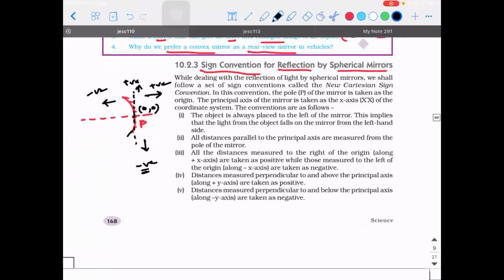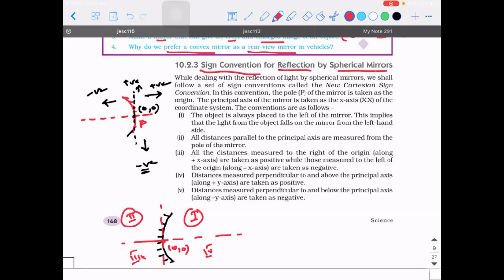See, I have a question. Why is it always like this? If I take something like this, what kind of mirror is this? It is still a concave mirror, right? If I take this as the origin, then I'm going according to the quadrants concept: the first, second, third, and fourth quadrants. In the first quadrant, both x and y are positive.